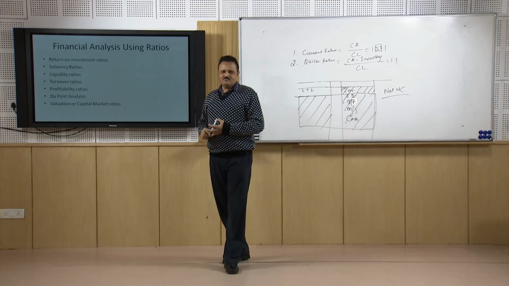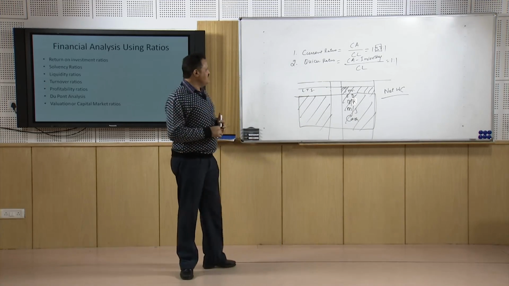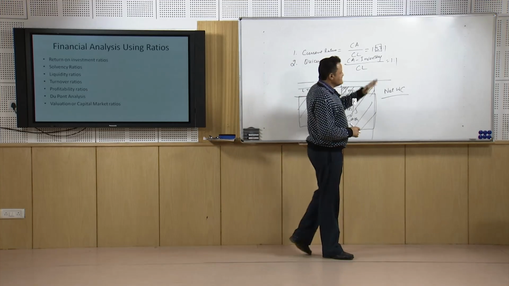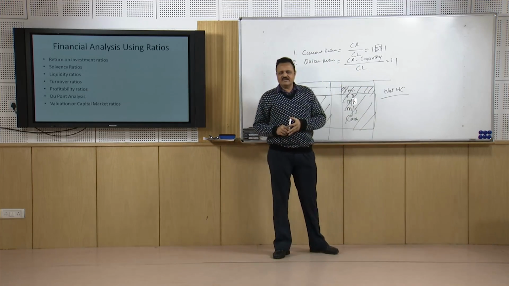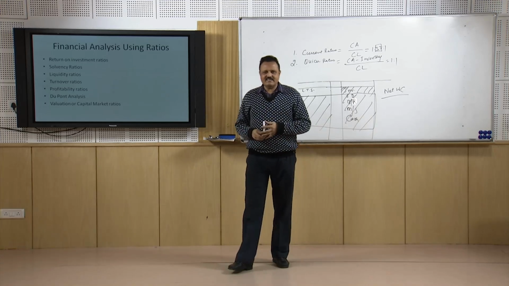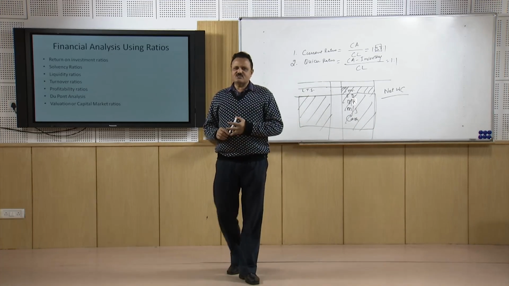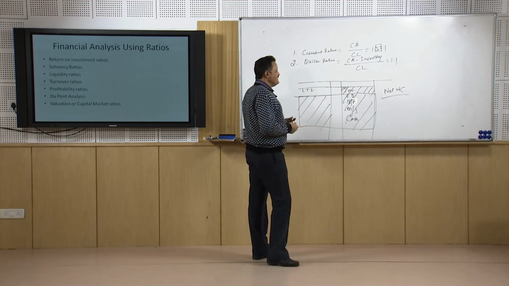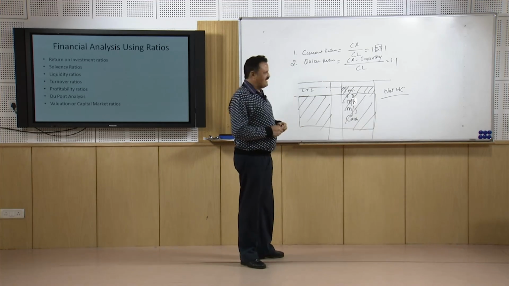So we have lowered the ratio, and that 1.33 is removed now. Quick assets, current assets minus inventory, should be equal to 1:1, meaning quick assets should be 100% of the current liabilities.